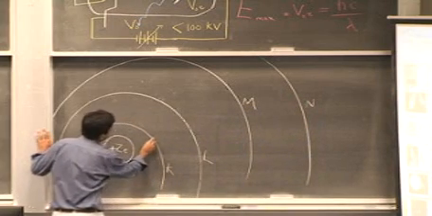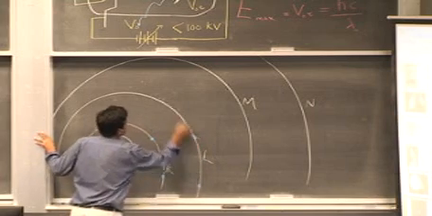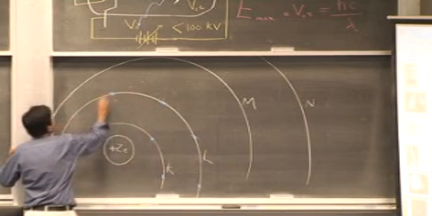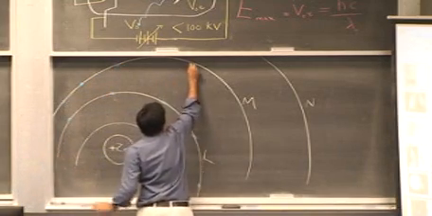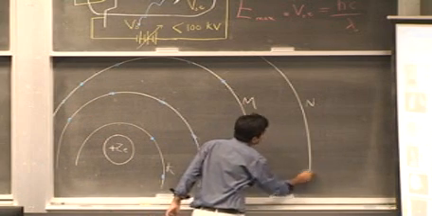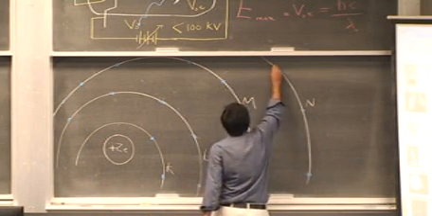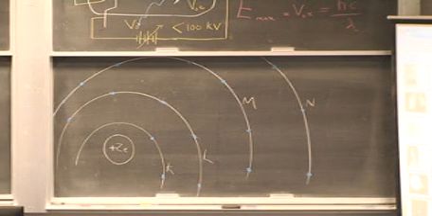And there are electrons inside these shells. Now what I'm going to do is show you how these characteristic X-rays are produced.